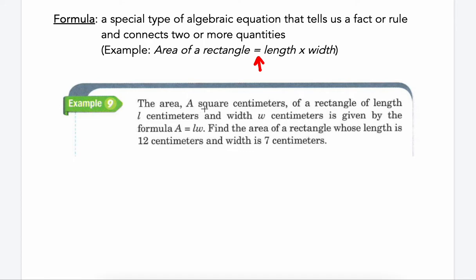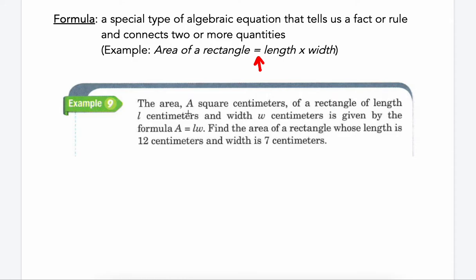But all they're saying right now is that the area, which we'll call A if we were to assign it with a variable, right? Because A makes sense because area starts with A. So all they're saying is that instead of writing area, because remember mathematicians are lazy, we're just going to write a capital A to represent area. Because remember, we're using variables in math to represent unknowns.